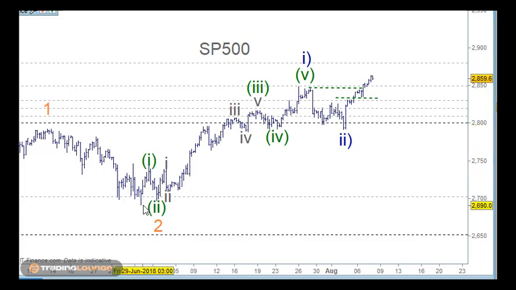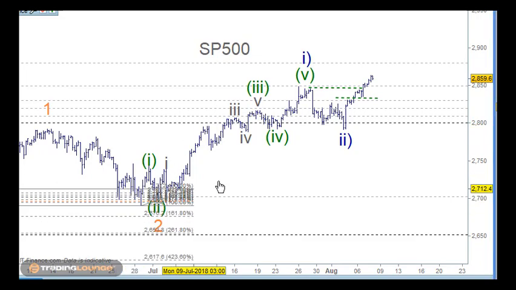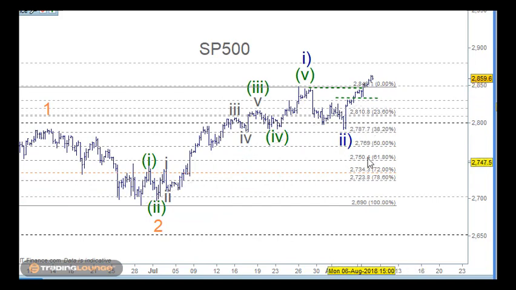Normally we would look for wave 2 being roughly back to the 61.8% mark here, but the 61.8% mark is okay in the first wave 1 and wave 2, but we've already got wave 1 and wave 2 here, and then wave 1 and 2 here.